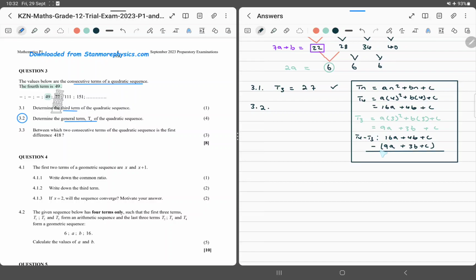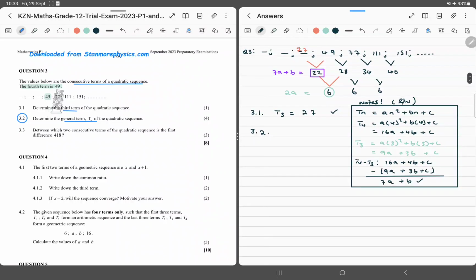So what do we get? 16 minus 9 is 7a. 4b minus 3b is plus b, c minus c. Can you see this is correct? So this is just your notes. You can put these on your rough work. Because your rough work is nice, because if you show it, sometimes someone may be curious how you got that, maybe you copied. If you show it on your rough work, it's good. Because also you're trying to save your space on your actual answer sheet.